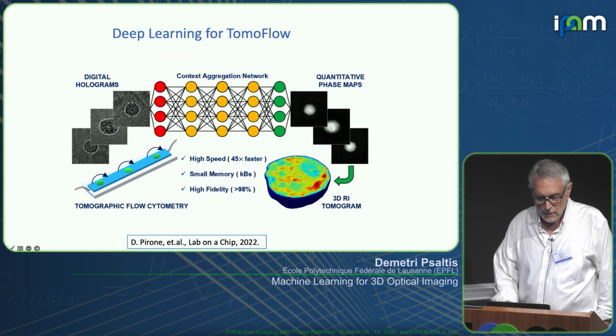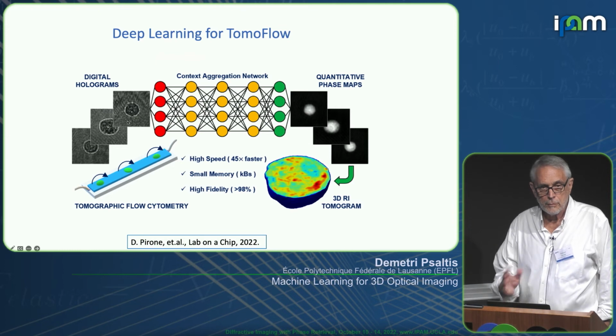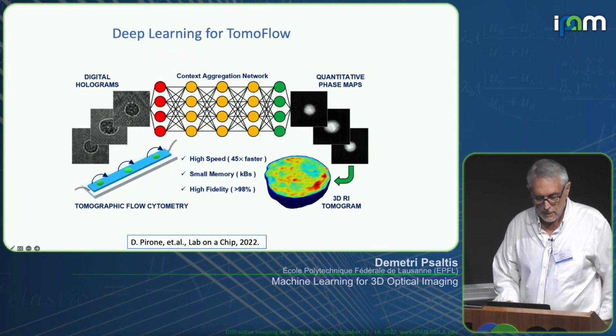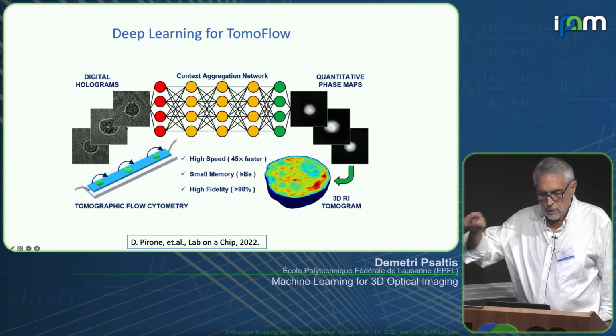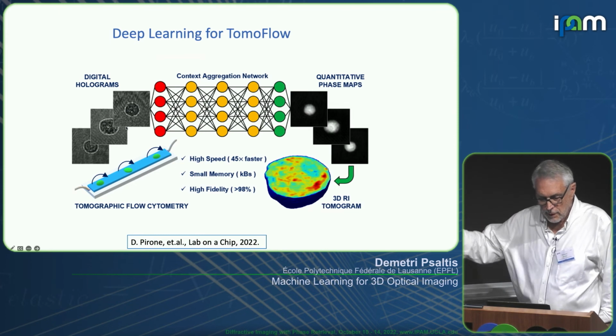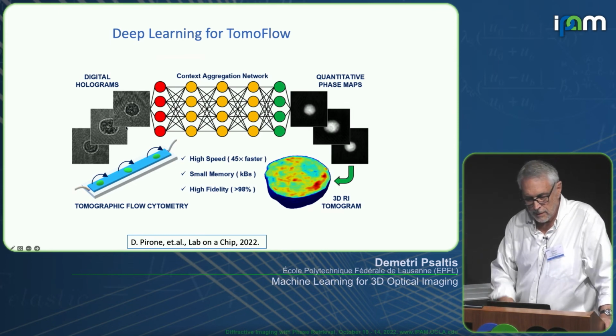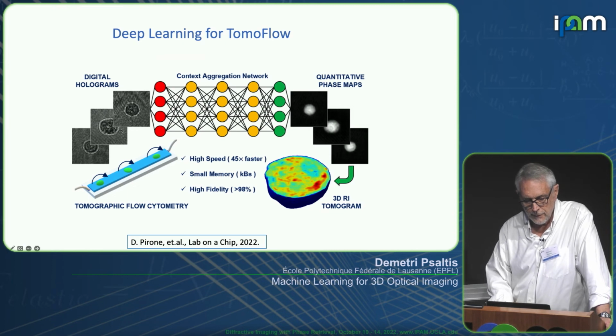You measure the holograms, meaning you have the a square plus r square plus 2ar, etc. That whole thing is on the camera, but instead of taking FFTs of it, you put it in a network that's trained to extract the phase.